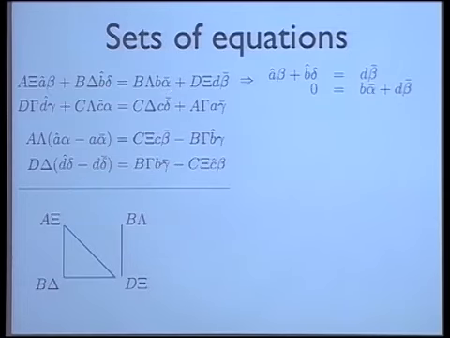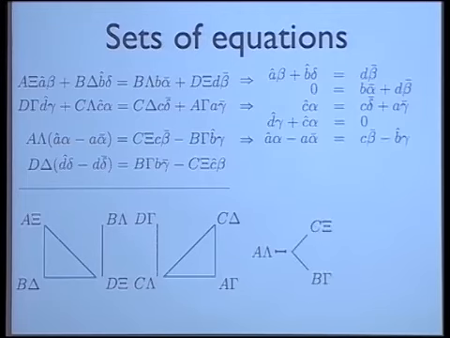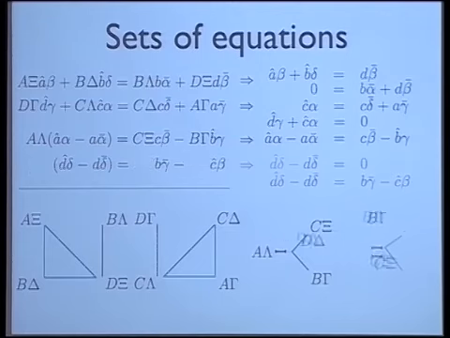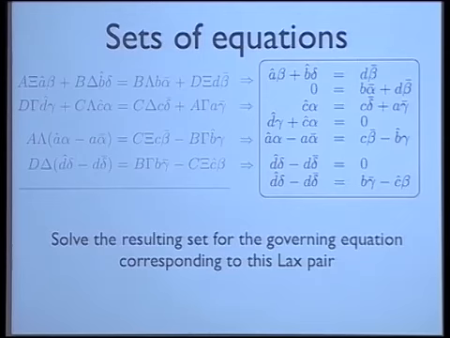Once you have a set of links in the 1-2 entry, you have to consider the other entries as well. Not all links in the other entries are compatible with the first choice you make. So you see which ones can go together, you make some choices for all 4 of them, and you get a set of equations. And once you get your set of equations, you use the rule that I described earlier and solve this for the resulting evolution equation.